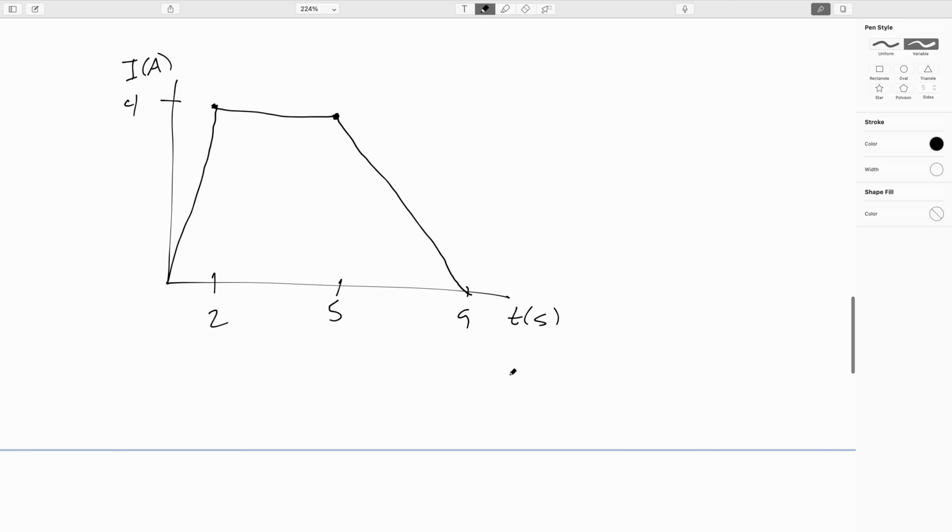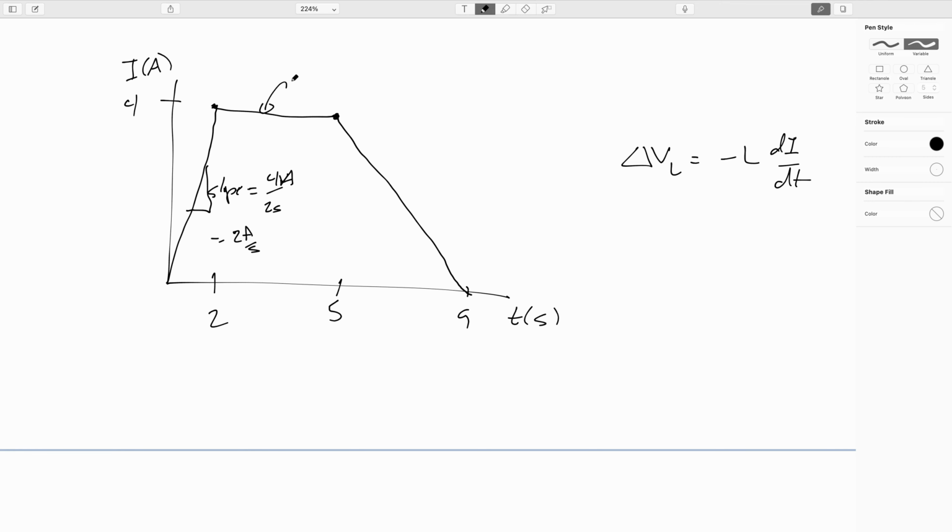Let's go ahead and make the corresponding graph for the induced EMF across the inductor, or the voltage across the inductor. So from this, we remember that the voltage across the inductor will be minus L di/dt. Now these are straight line segments, so di/dt in each case will just be equal to the slope. So here we have a rise of 4 amps over a run of 2 seconds, so this will be 2 amps per second.